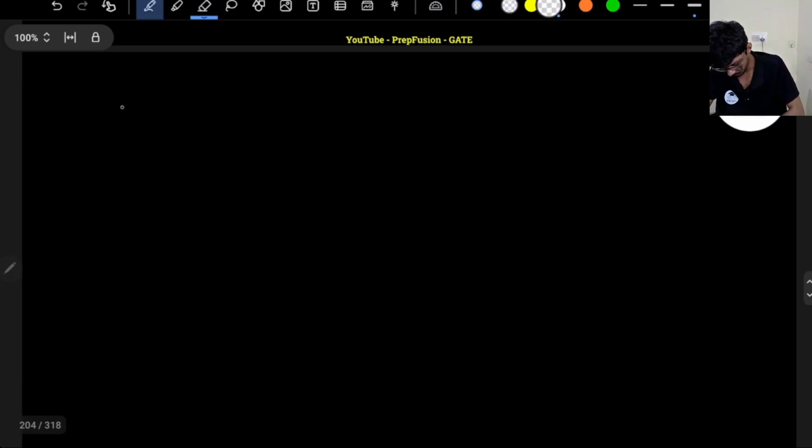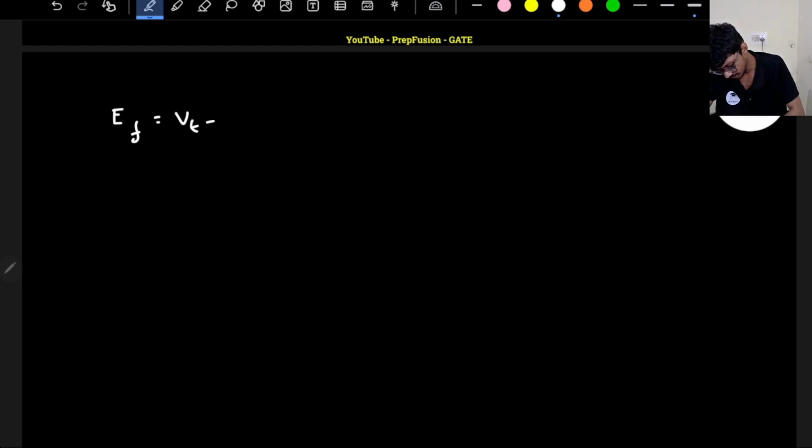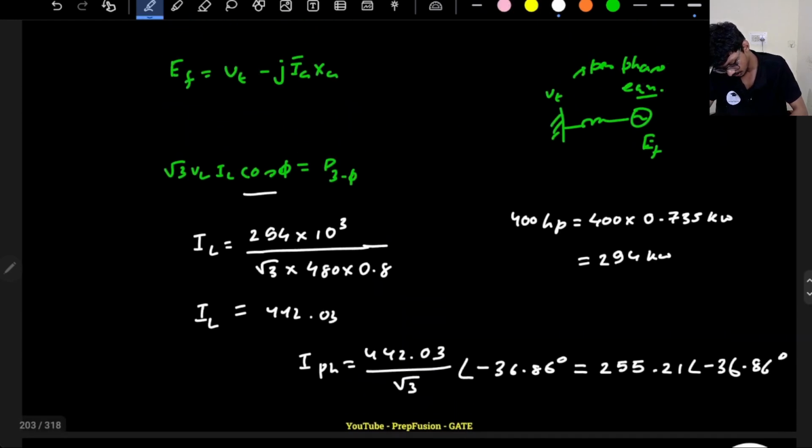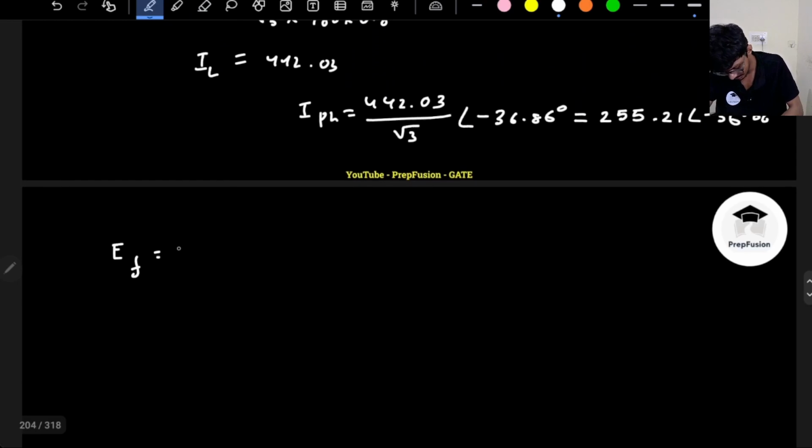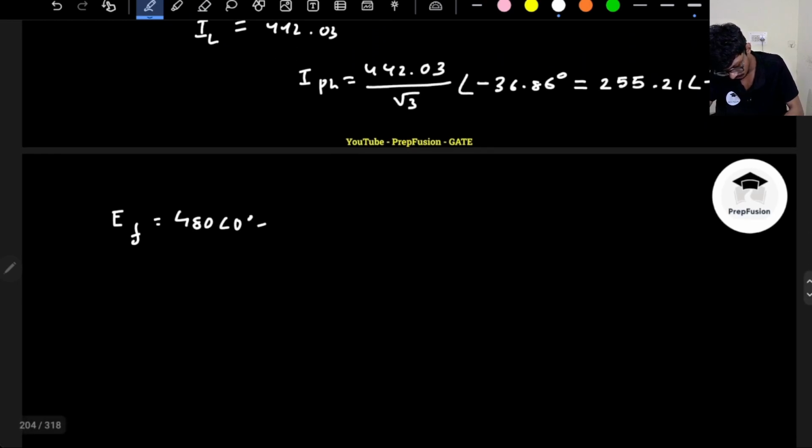Now can you find out the excitation voltage? Definitely you can. It will be Vt minus Ia times J Xs. Vt is 480 angle 0, minus Ia, which is 255.21 angle minus 36.86, into J Xs. J is 1 angle 90.